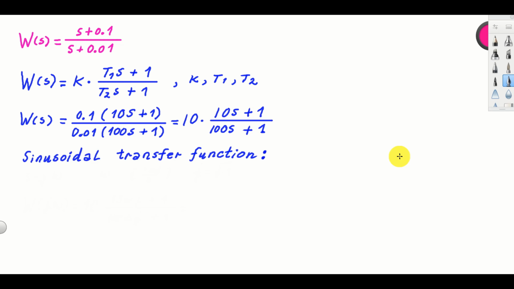The next step is to derive the sinusoidal transfer function. The sinusoidal transfer function is obtained from our original transfer function by substituting s by j omega.